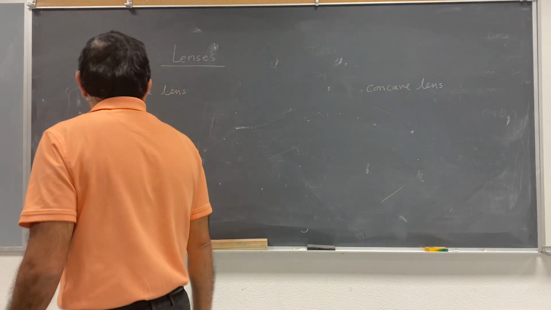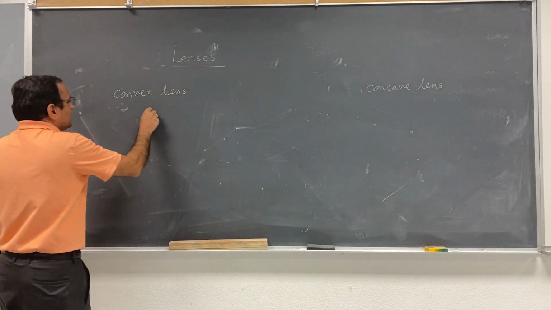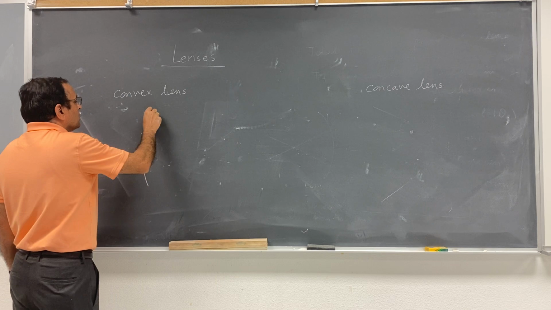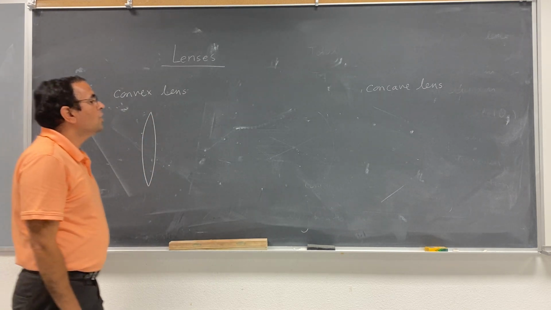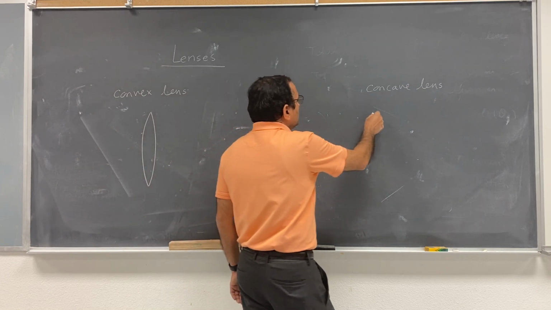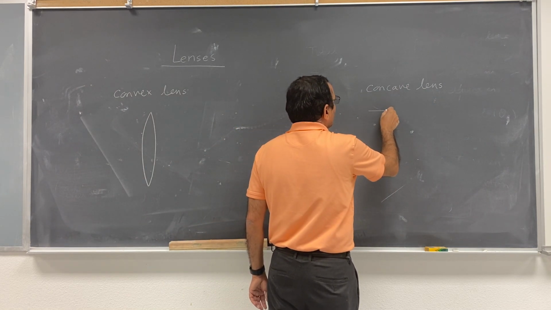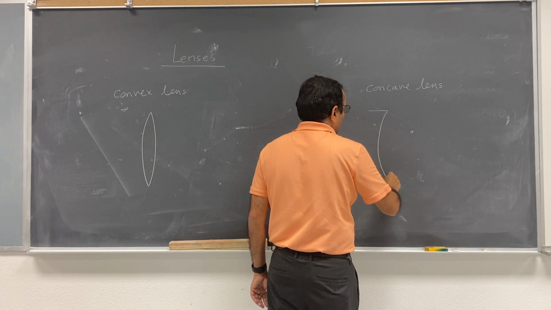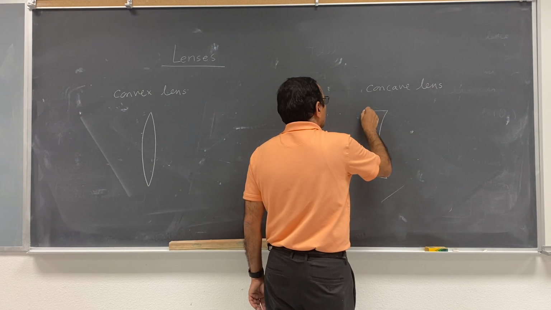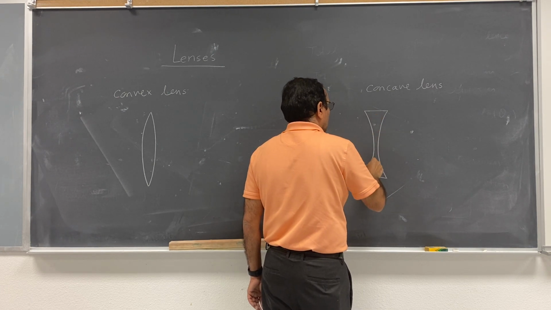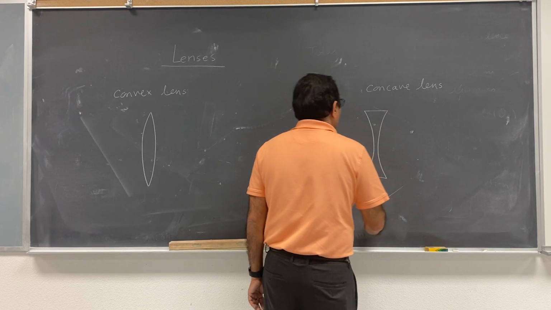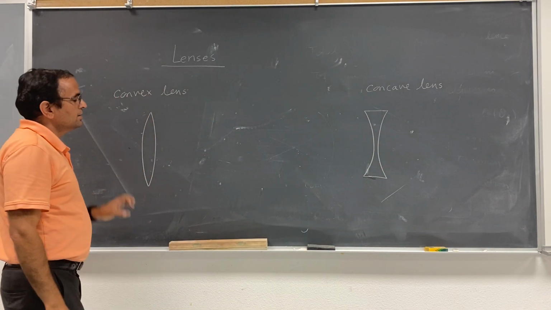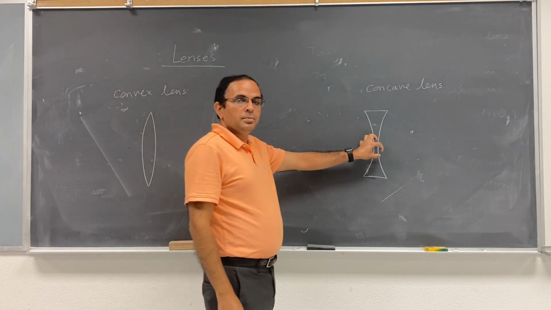So you can draw a convex lens like this, and a concave lens like this. This is the convex lens, this is the concave lens.